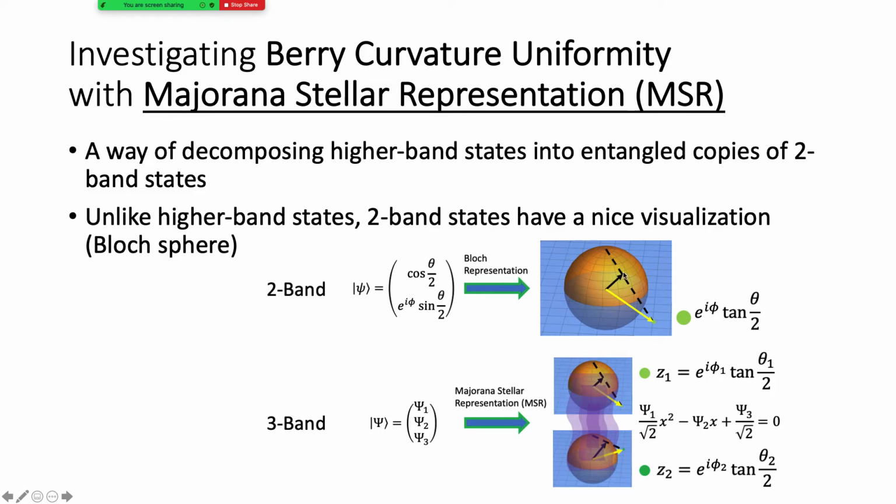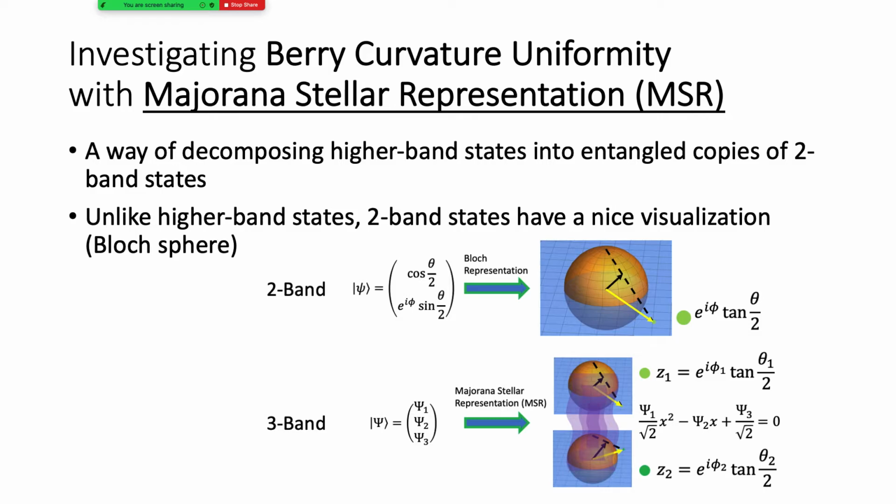So it's a very nice geometrical understanding of the Berry curvature as simply the area on the sphere, and it leads physicists to understand two-band models very geometrically.